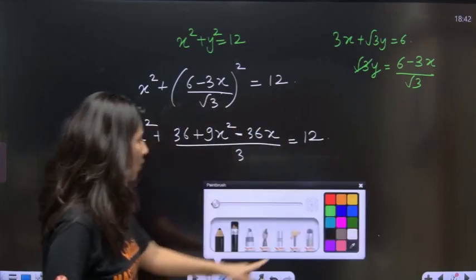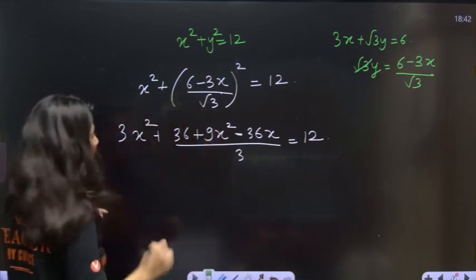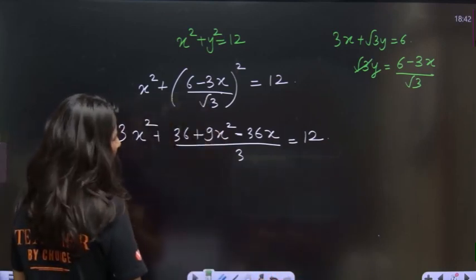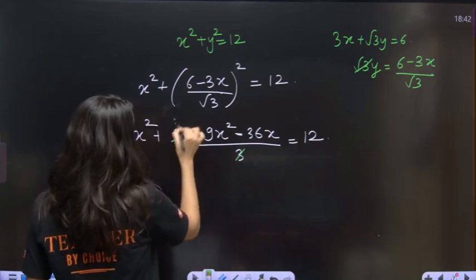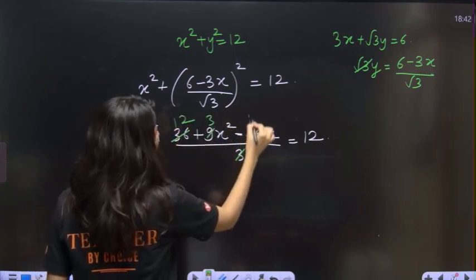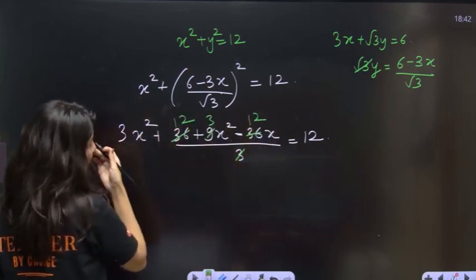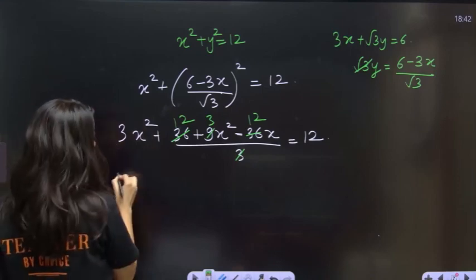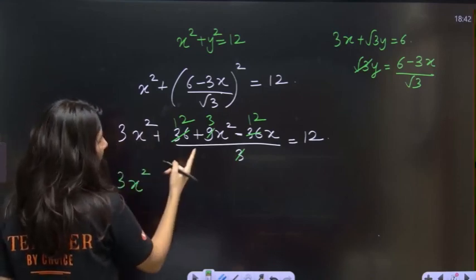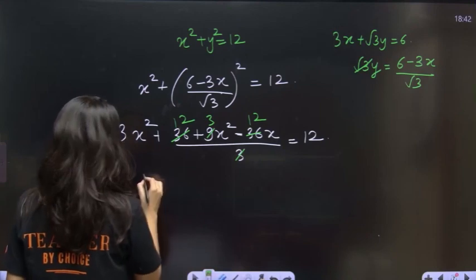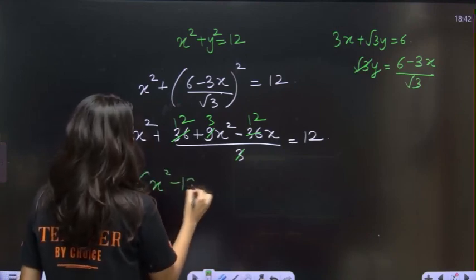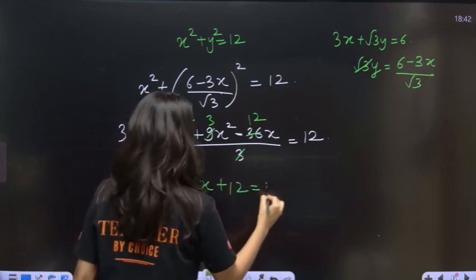Okay, so there will be a quadratic equation in x. Let's keep solving it. This is going to give you 3x square plus 3, actually 6x square minus 12x plus 12 is equal to 12.